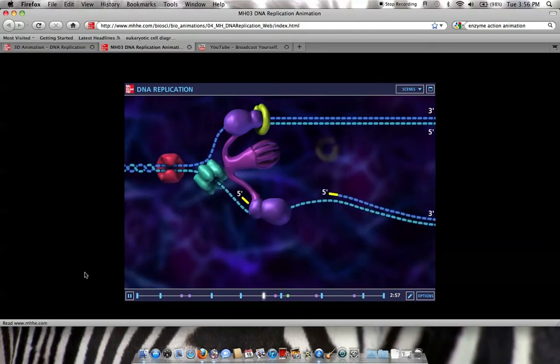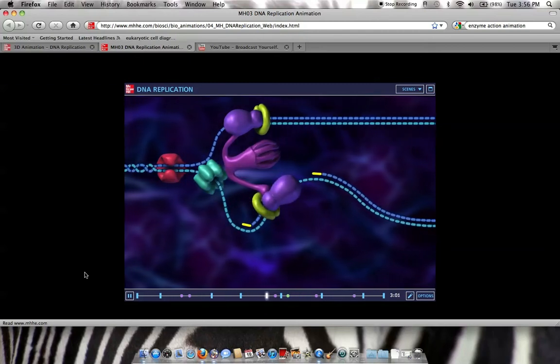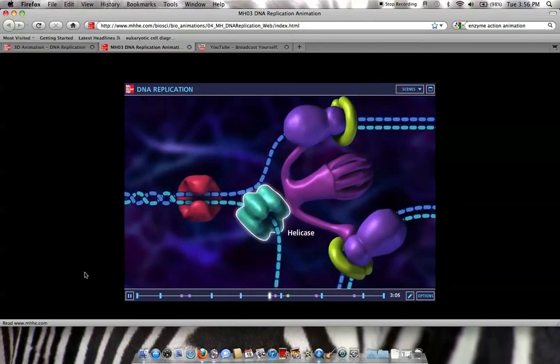A number of enzymes are needed for replication to proceed once the replication fork is established. Helicase separates the strands of the double helix, and single-stranded binding proteins stabilize the newly single-stranded regions.